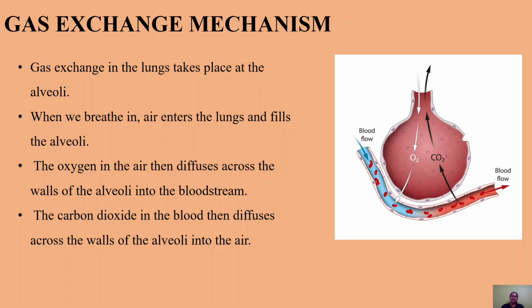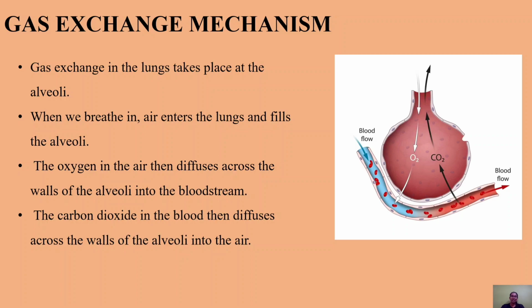Oxygen diffusion: the oxygen in the air diffuses across the walls of the alveoli into the bloodstream. The oxygen diffuses from an area of high concentration to an area of low concentration, that is, from the alveoli to the blood. Carbon dioxide diffusion: the carbon dioxide in the blood diffuses across the walls of the alveoli into the air.